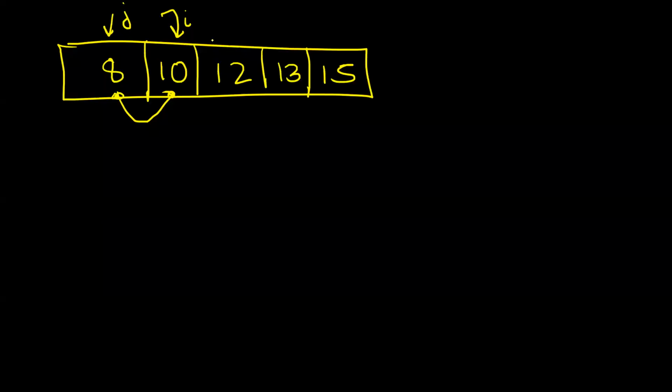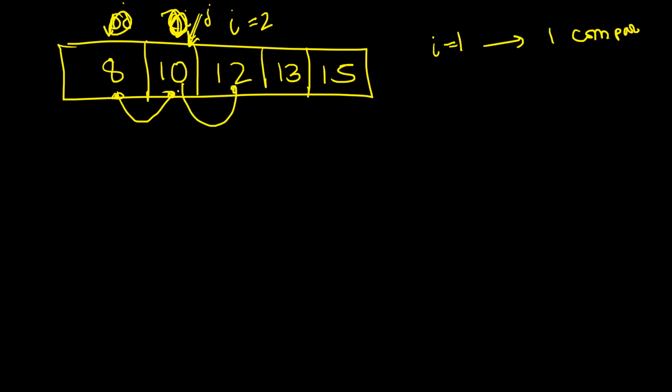Then for I equal to 1, you just had to do one comparison, and you know that 10 is at its correct position. Then I increase I to 2, and j starts from here. You compare ARR of j with ARR of j plus 1, do this one comparison, and see 10 is less than or equal to 12. So I simply break.